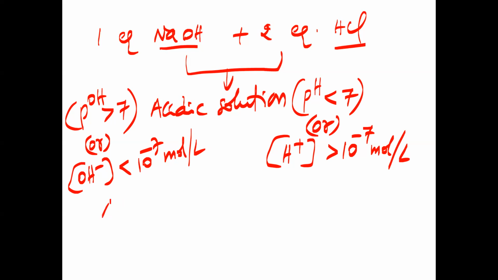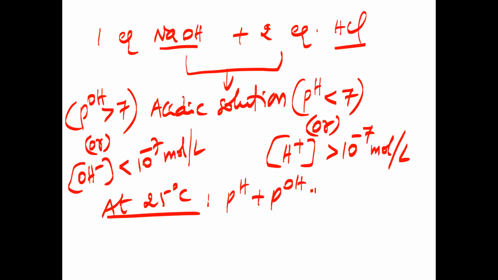So here at 25 degrees Celsius, what we have to remember is that first, pH plus pOH is equal to 14. This 14 is called pKw. Kw means the ionic product of water.